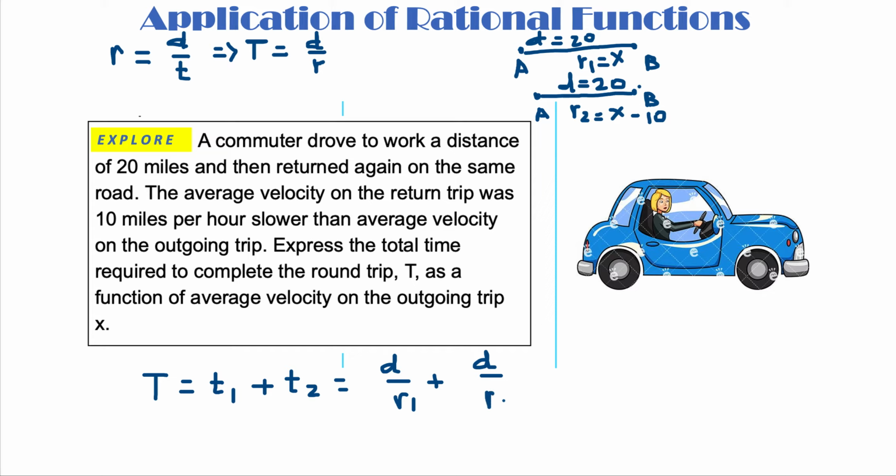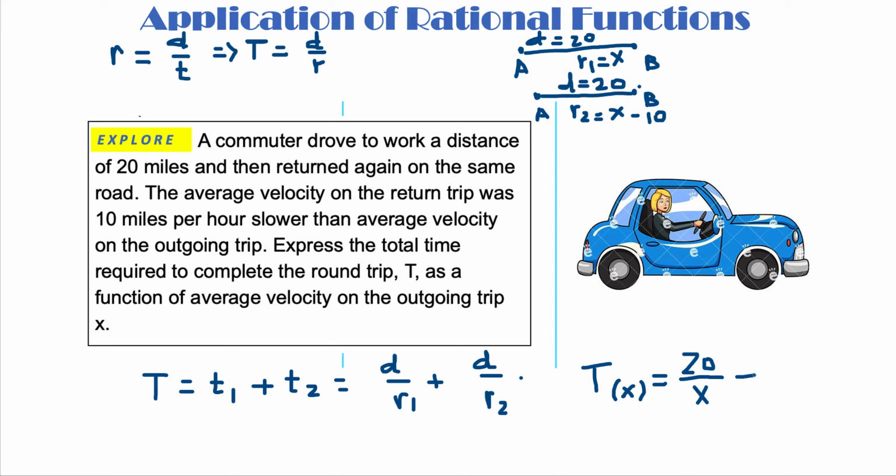And now we can substitute those values here. If we wanted to write this function with respect to x, then instead of the d in the first part, we substitute the numerical value 20. And instead of the r1, we substitute x.